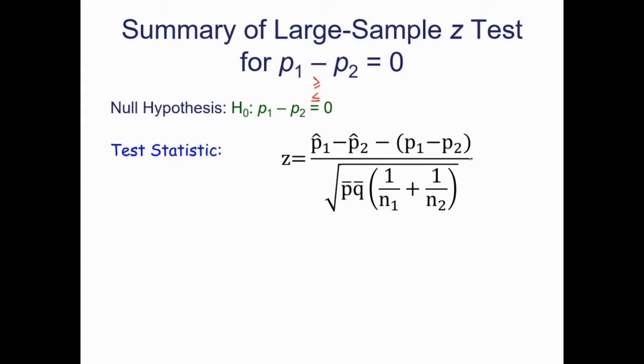It's really not that bad. So P1 hat minus P2 hat. These stay as P1 hat and P2 hat. Don't try to do P bar here, it won't work. The only time you use P bar is down here in the denominator.